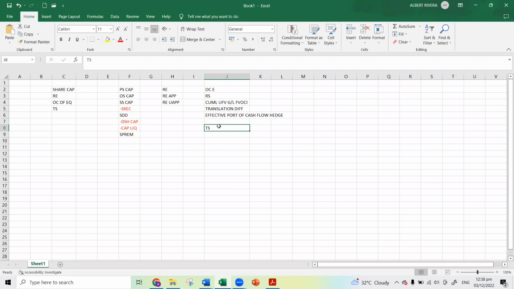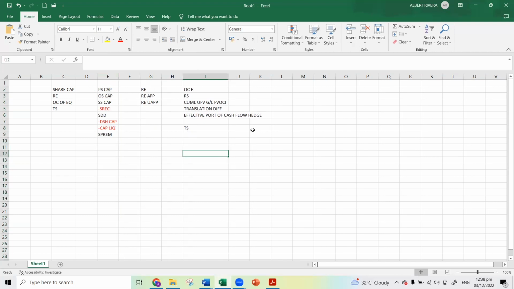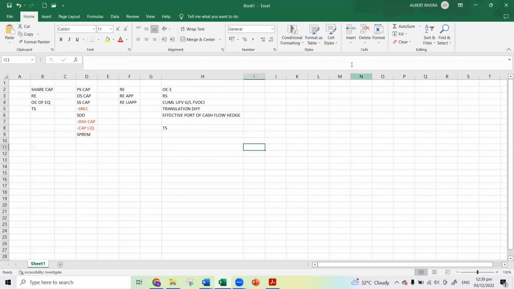So we'll proceed. What are the transactions related to stockholders' equity?